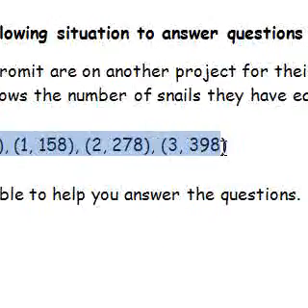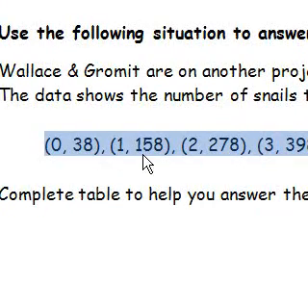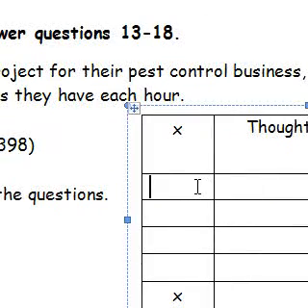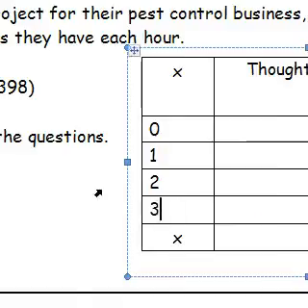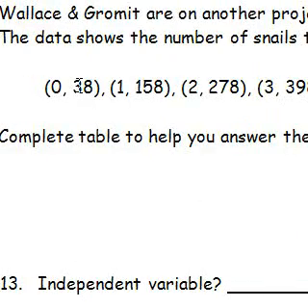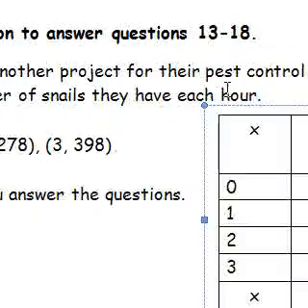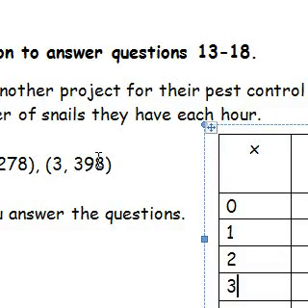So here are 4 ordered pairs: (0, 38), (1, 158), (2, 278), (3, 398). Okay, 0 at time equals 0. So let's take a look at what these variables are.